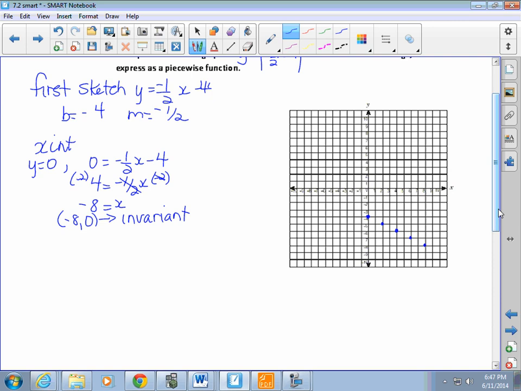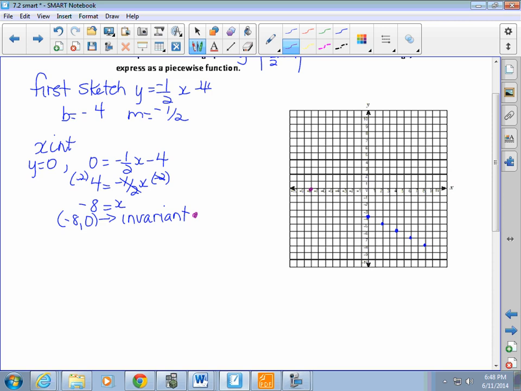is going to be way over here. I'll do my invariant point. There's negative 8.